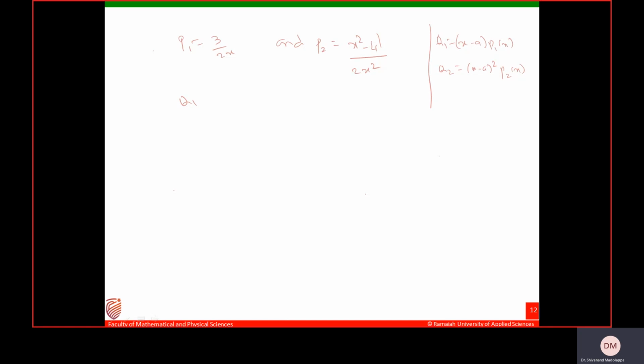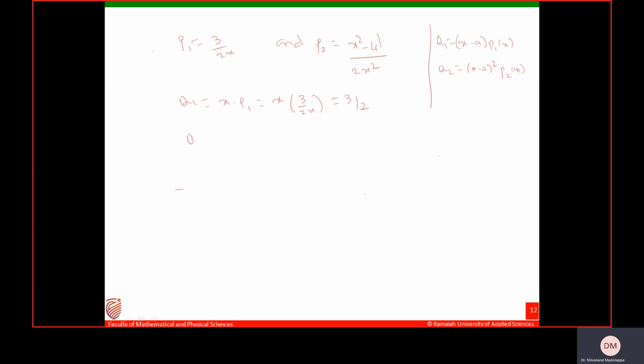Here q1 can be written as x into p1. Because here x is equal to 0, we are taking x into 3 by 2x, which can be written as 3 by 2.